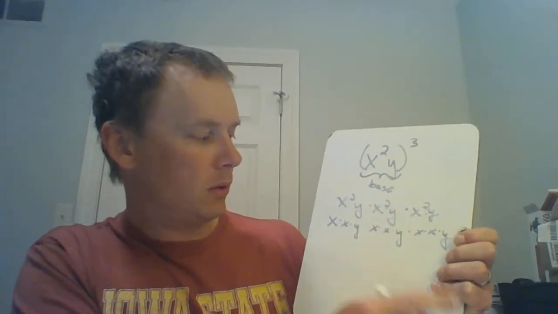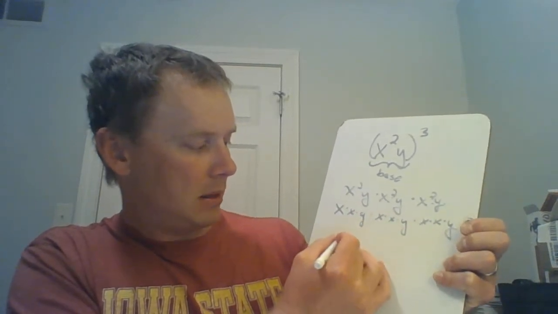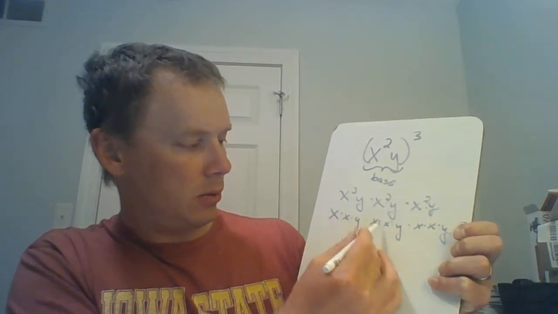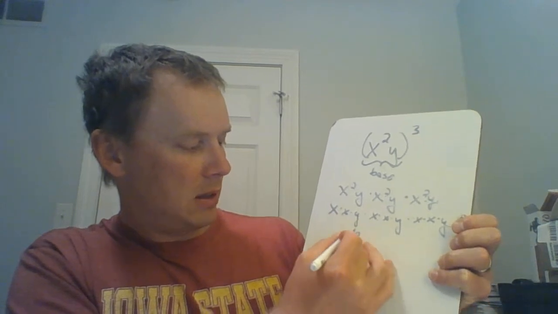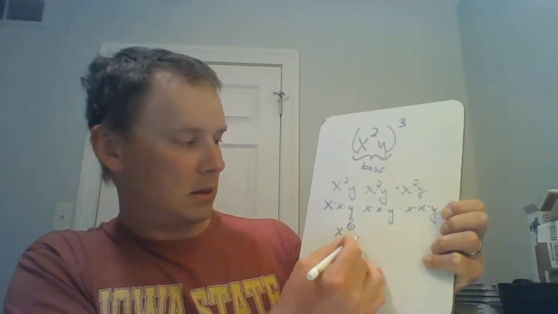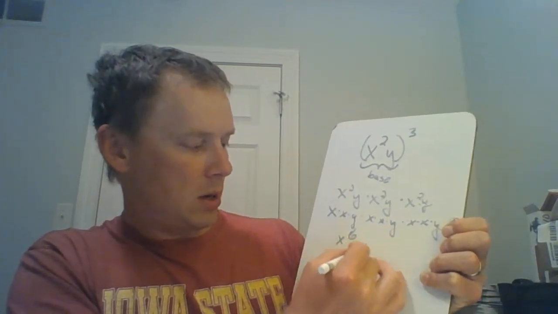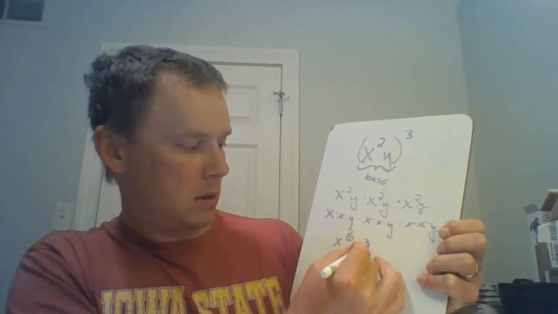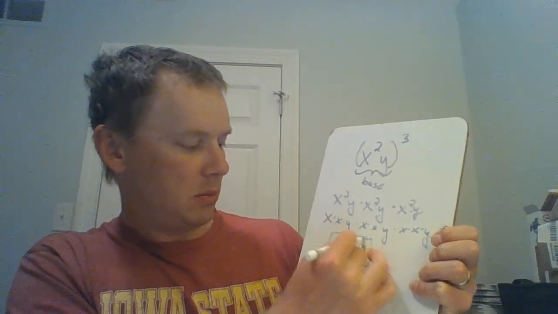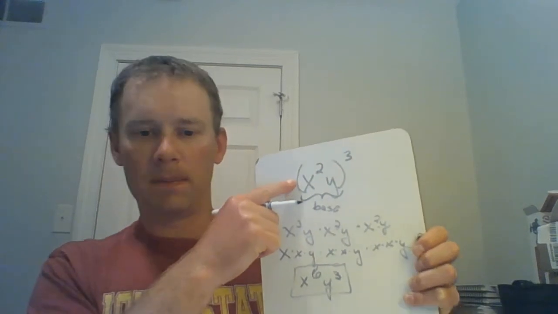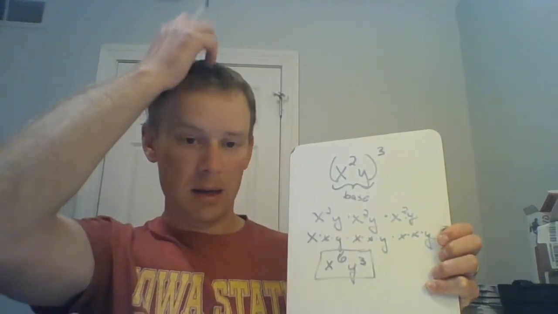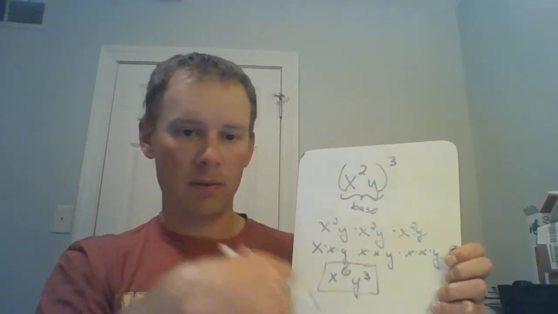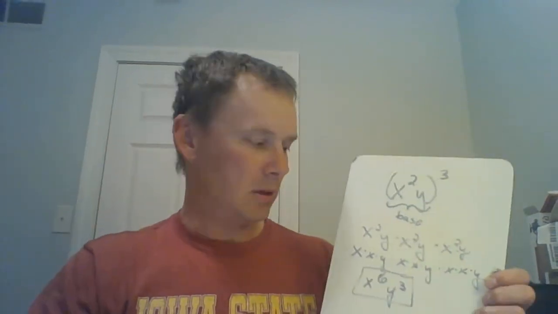That's the word we used, and then you can start putting them back together. So there's x, 1, 2, 3, 4, 5, 6. There's 6 x's, so x to the 6th. 3 y's, y cubed. And so this right here is the simplified version of this. Okay? So we've been working on that. Hopefully that's just kind of a quick review and helps you get thinking about exponents again.